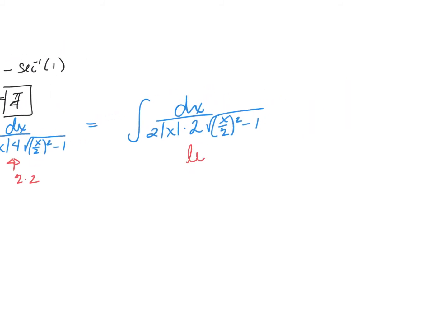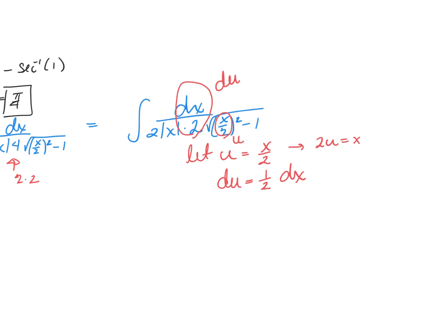Now I'm going to say, let u equal x over 2. That means du is 1/2 dx, so this 1/2 dx gets replaced with du, and x over 2 gets replaced with u. Now 2u is equal to x, so the absolute value of x must be the absolute value of 2u.